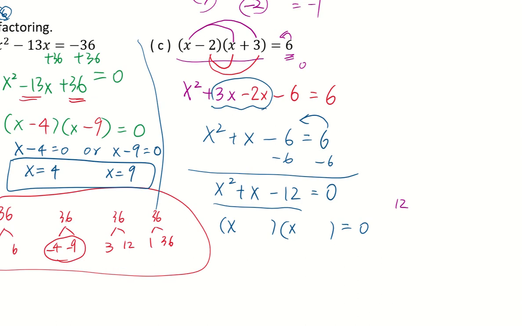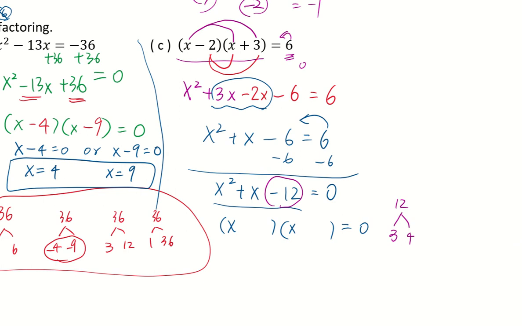Let's try to factor 12. What times what is 12? Well, it looks like here it is 3 and 4, right? Because their difference is 1. Since they multiply to be a negative 12, that means one number is positive, one number is negative.